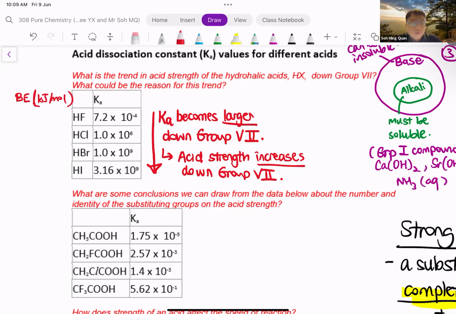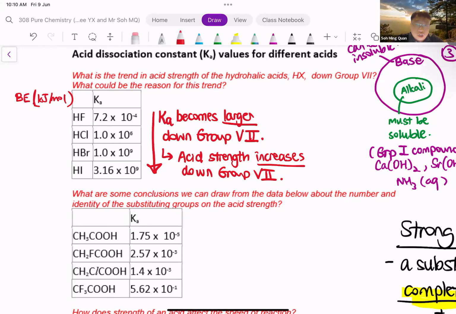So if you look at the bond energy of HF, HCl, HBr, HI, what is their bond energy like? So this one we will give you in the exam as well. Okay, so please don't memorize this. It's not a memory work test. But the idea is after I give you bond energy, can you effectively relate it to the acid strength?